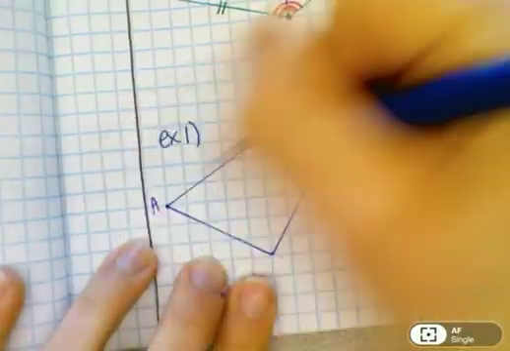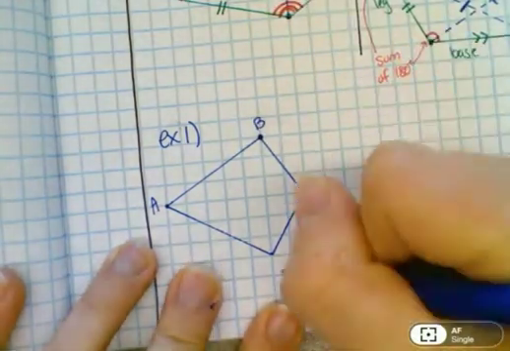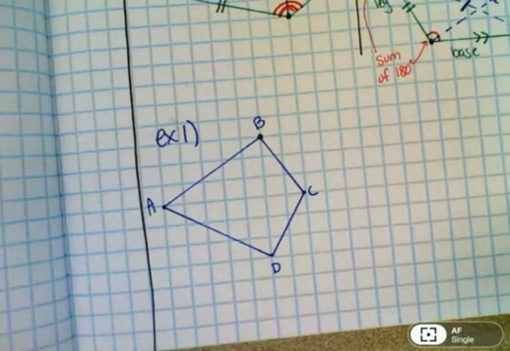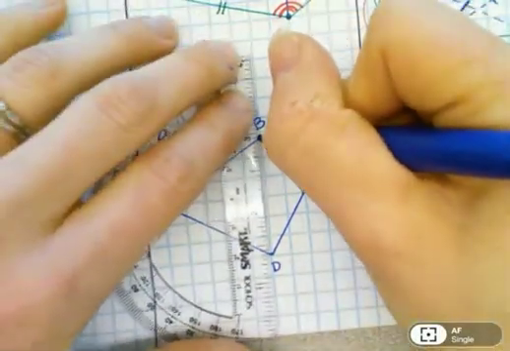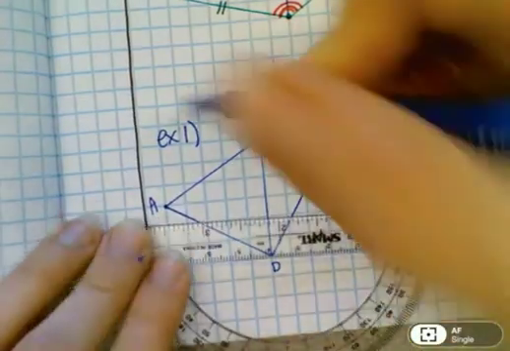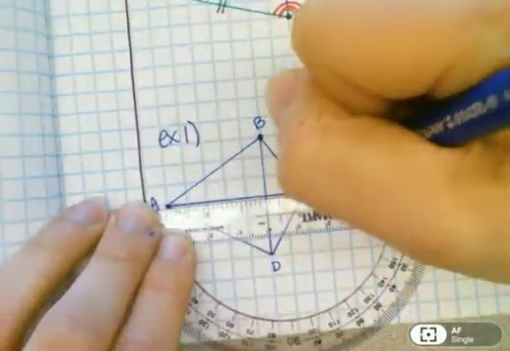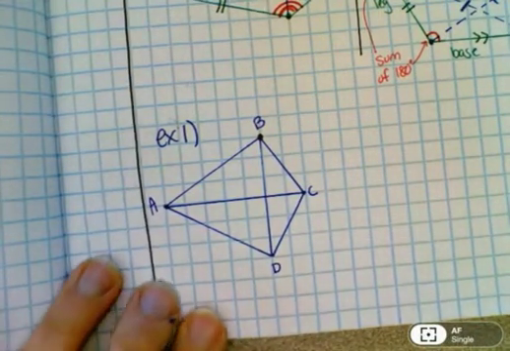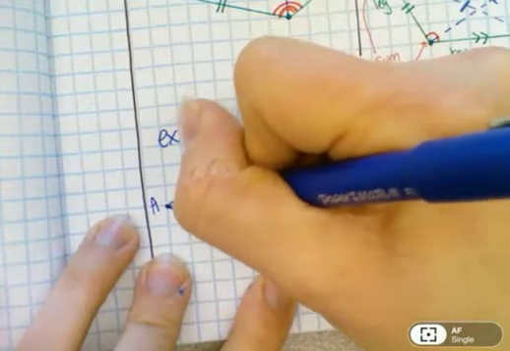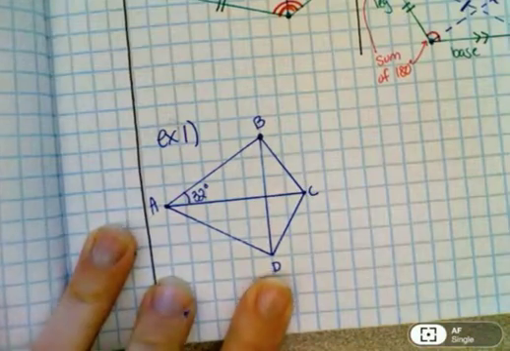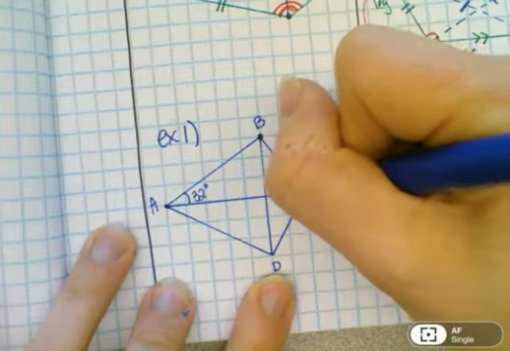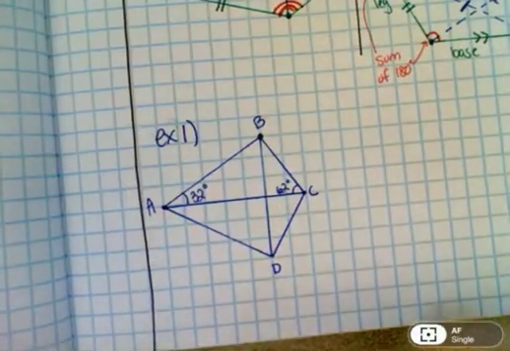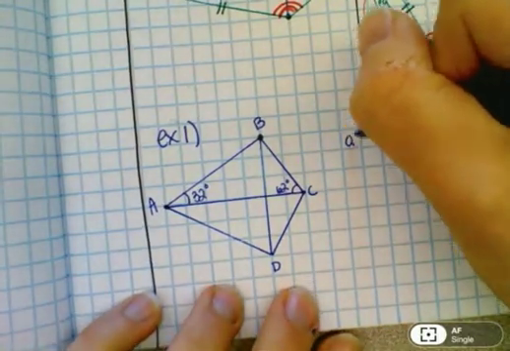We're going to label the vertices A, B, C, D. We're going to draw in the diagonals. We are going to label this 32 degrees. This is 62 degrees.